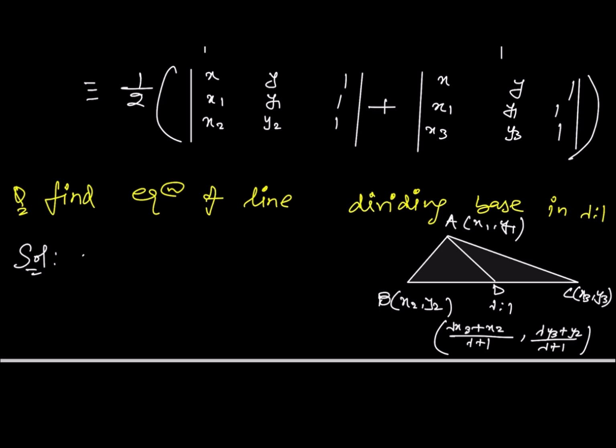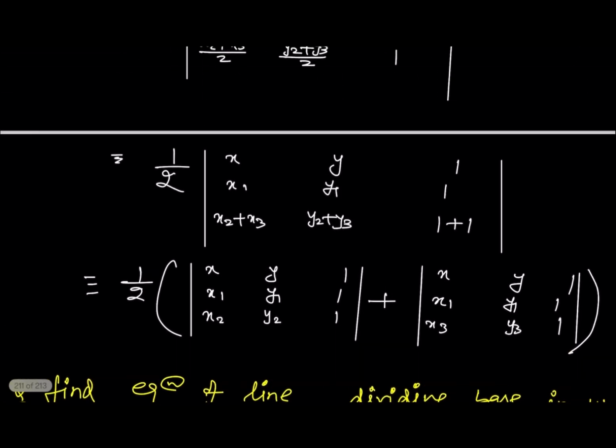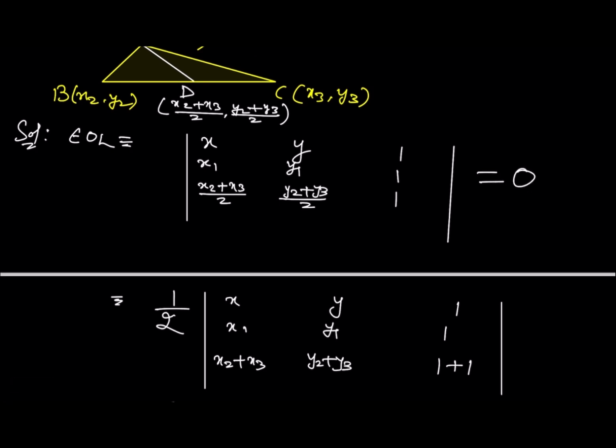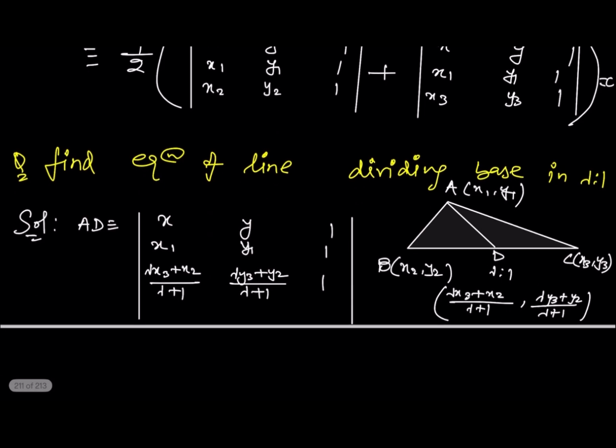So AD will be the determinant x y 1, x1 y1 1, (lambda x3 plus x2) upon (lambda plus 1), (lambda y3 plus y2) upon (lambda plus 1), 1, is equal to 0.